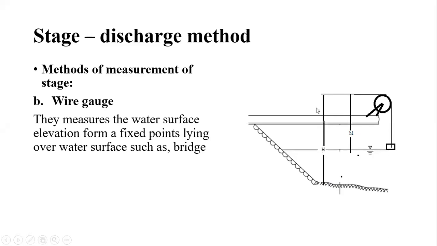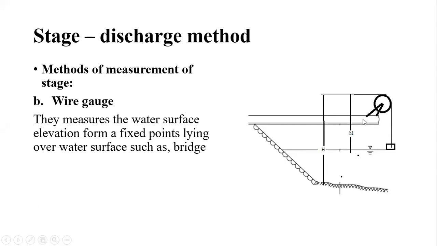सो टोटल हाइट h माइनस दिस h1, total height h minus this h1 will be the height of the water or stage of water at a particular location. यानी कि in a wire gauge they measure the water surface elevation. This is a water surface elevation, top surface we can say, from a fixed point lying over a water surface.